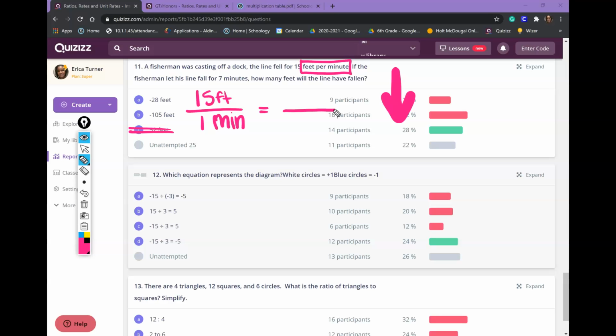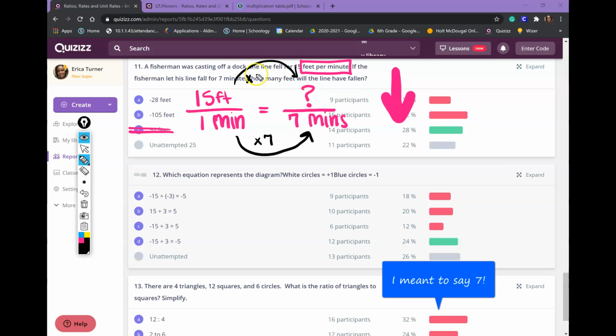So then it's asking me, how many feet will it have fallen if it fell for 7 minutes? Okay, find the relationship. I'm going from a small number to a large number. And any number times 1 is itself, so 7 times 1 is 7. Whatever I do to the bottom, I have to do the top, so I'm going to do 15 times 7.